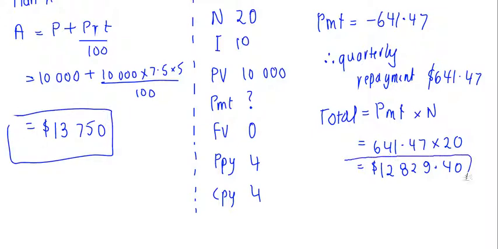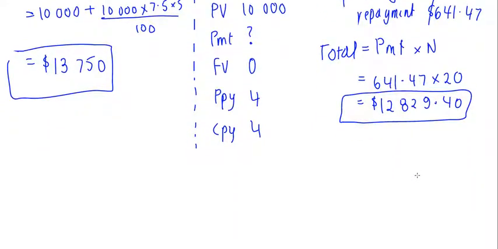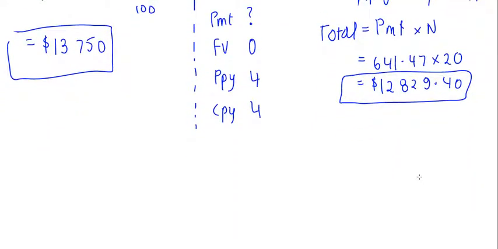In Plan A you must pay $13,750. In Plan B it's a lot less, $12,829. So really, which one would you recommend? When it's a loan, you obviously want to go for the one that's costing you less. So Plan B is the better option.